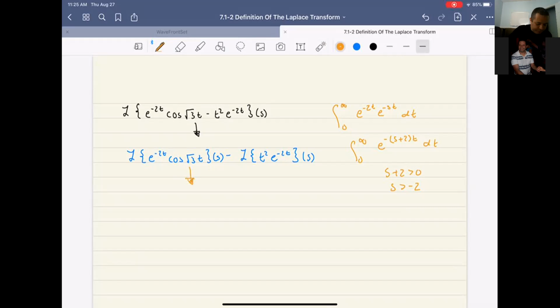This was s plus 2 over s squared plus 4s plus 7 minus 2 over s plus 2 cubed. And this is of course valid when s is bigger than negative 2.